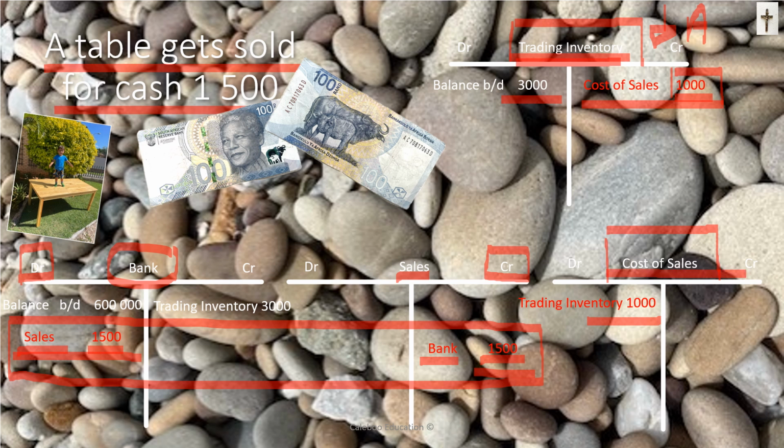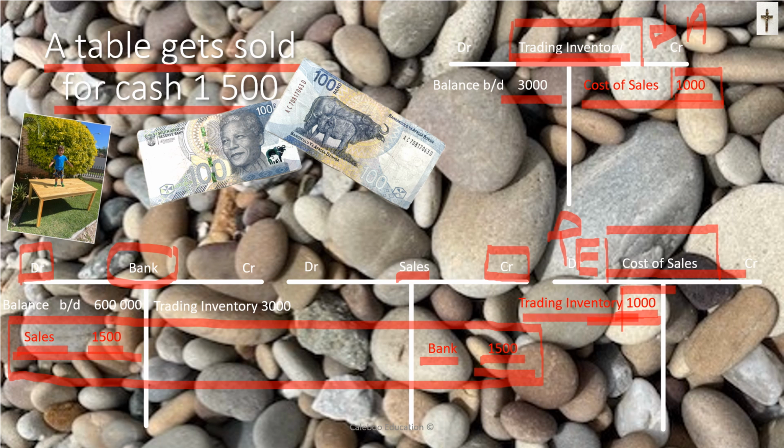There was a cost of the sale, and it was the cost price of the item that we are selling. So we debit cost of sales and an increase in expense. The rule says debit. That's why I have the 1,000 Rand on the debit side, and the contra account is trading inventory. So there we go.